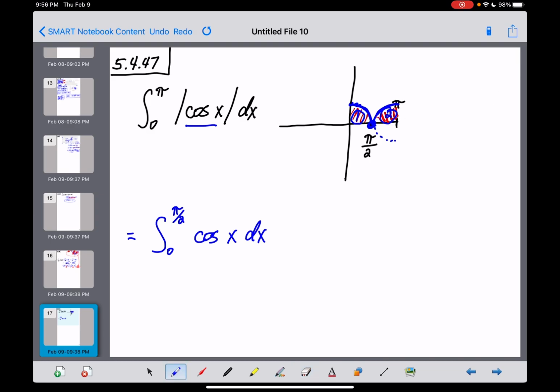So what am I doing instead? I'm going to add to this a second integral, starting at pi over 2 and ending when x is equal to pi. And now the question is, guys, what function is this right here? Well, it is the reflection of this cosine of x graph underneath it. So what we're dealing with here is y equals the opposite of cosine of x.